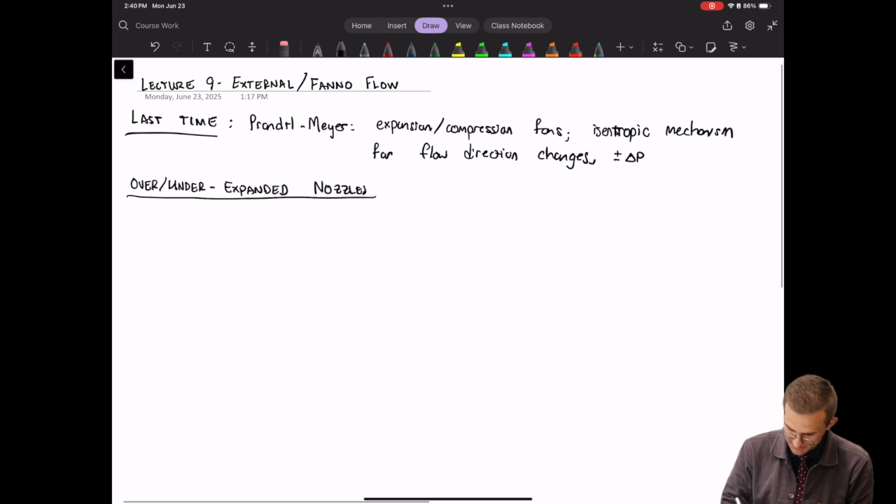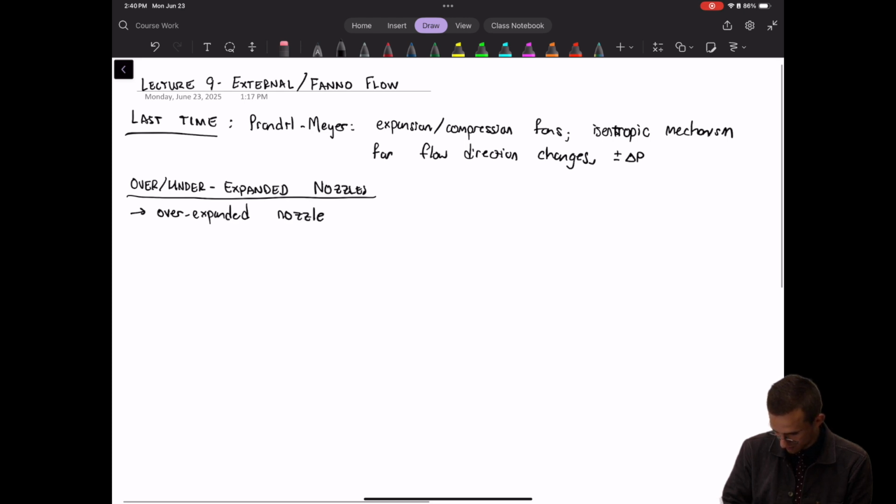So what we'll start with is an overexpanded nozzle. And what that means is that you're between the second and third critical.